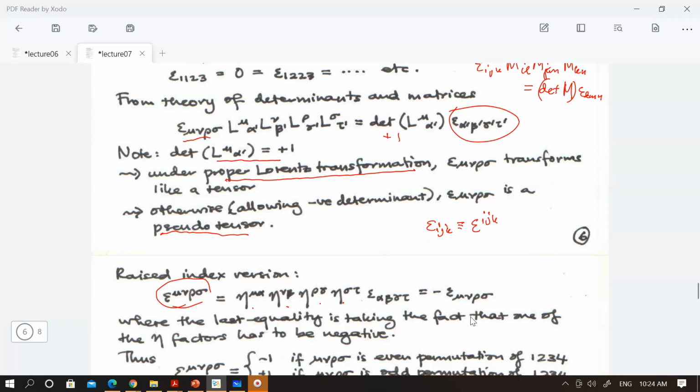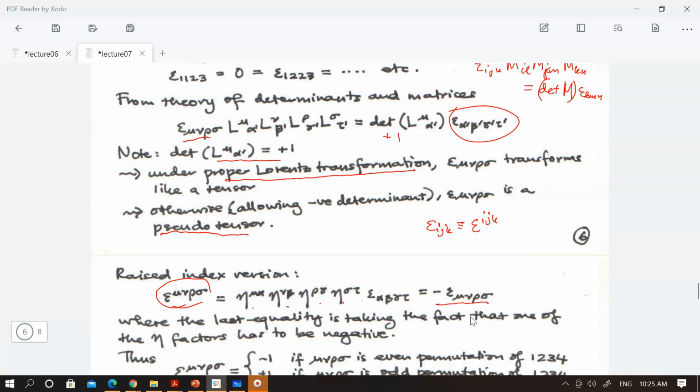So three of them will appear for mu equals 1, nu equals 2, rho equals 3, and the last one has to be sigma equals 4. You have no choice. One of them will correspond to the fourth component, and that will be a minus 1. So when this becomes a minus 1 and the rest is 1, you get a minus sign.